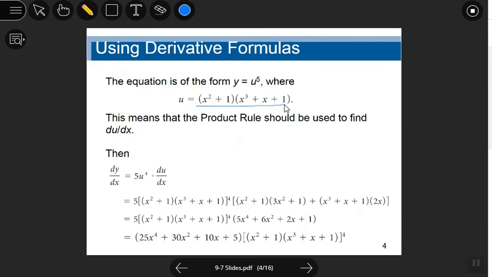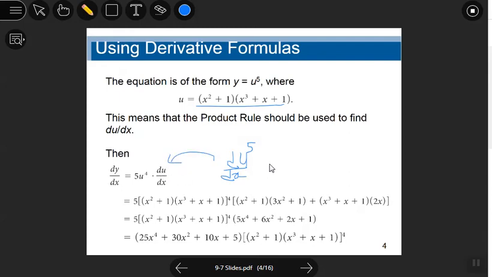So this is your u. So first you have to use chain rule. Take the derivative du over dx. So by using power rule you can find this is d(u^5) over dx is equal to this term.